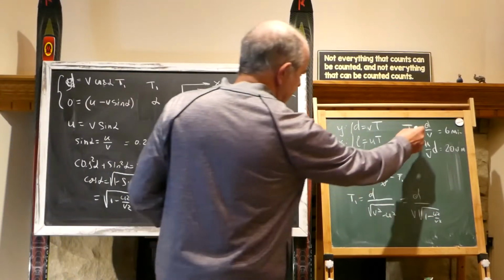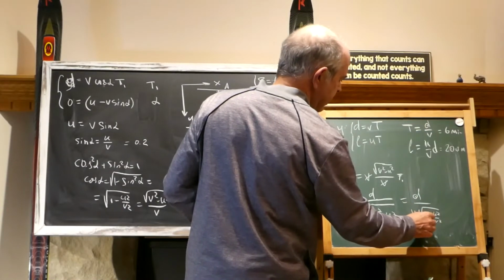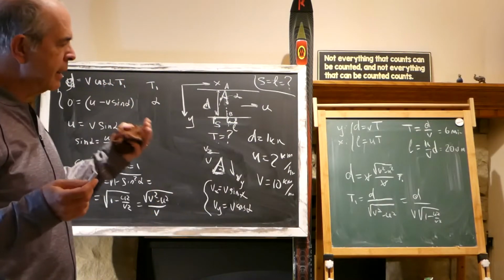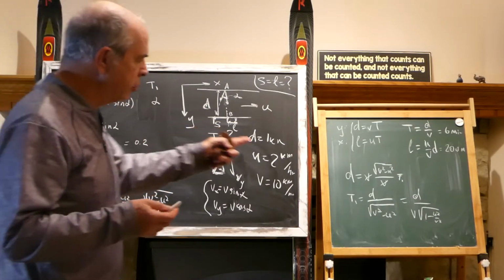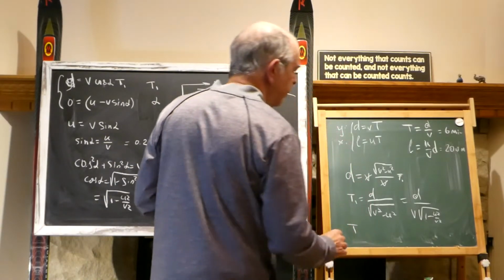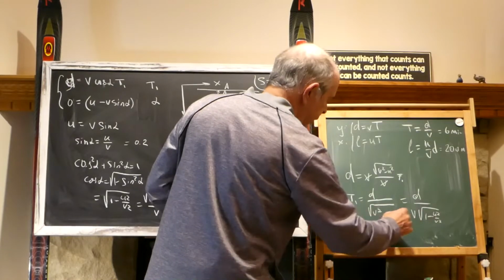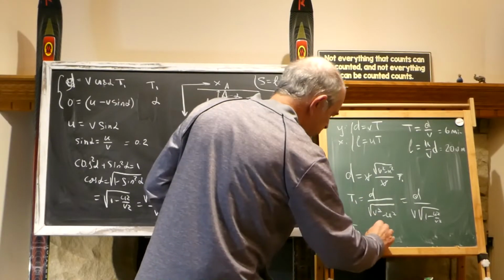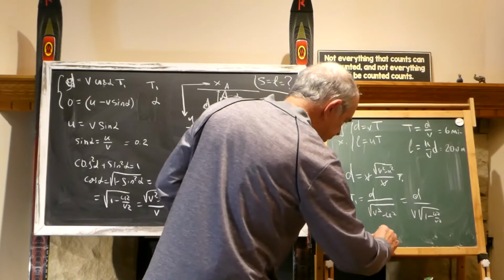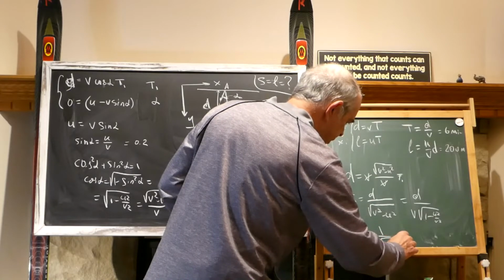We have the same d over v, but in the bottom there is this value that is the square root of a number less than 1, so t1 would be definitely greater than t. So if I divide t1 over t, d over v will be gone, but this value would be t1, 1 divided by the square root of 1 minus u squared over v squared.